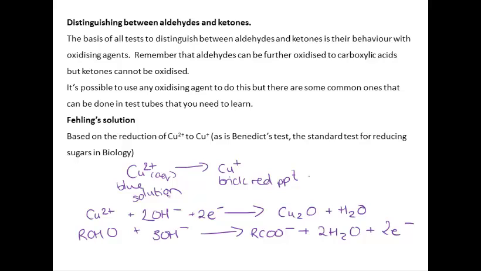If we combine those, we can add them together and cancel out the electrons. Our OH minuses, we've got 2 here and 3 there, so that's actually 5.